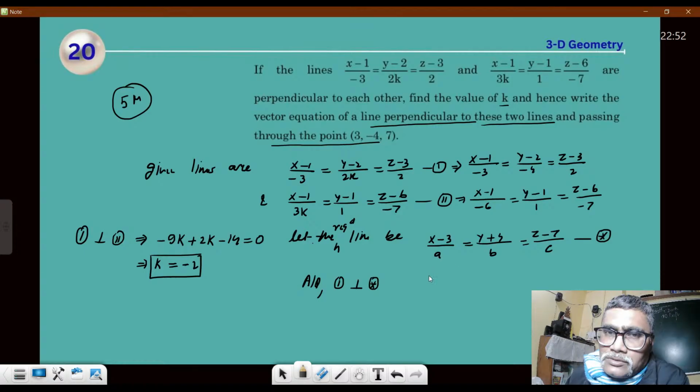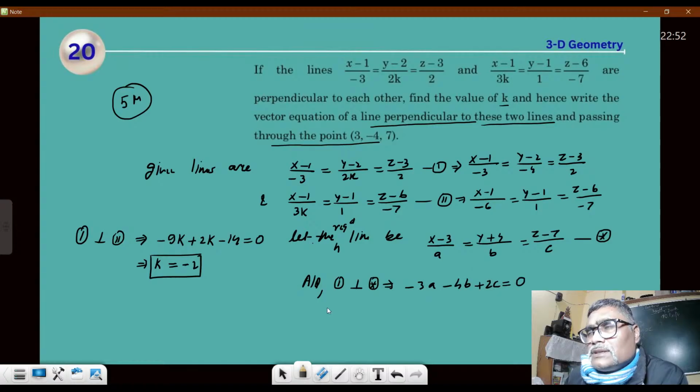That way also I can do it, but here I am doing it in an extensive way. So if they are perpendicular, I get -3a -4b plus 2c equal to 0. Then line 2 is perpendicular to star, that gives you -6a, then b, and then -7c equal to 0.